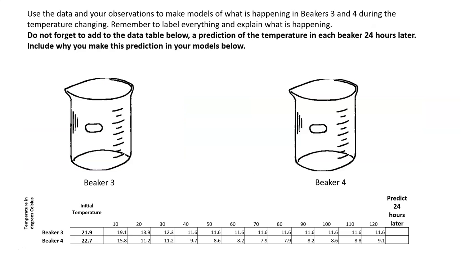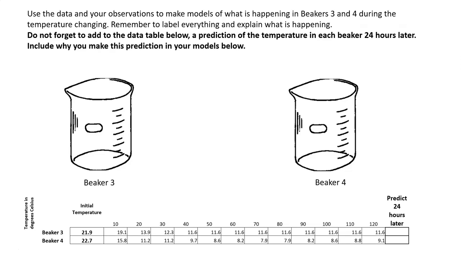Here you will see what your handout is. It's a handout to develop a model. You're going to make two models: one to describe what's going on in beaker 3, and one for beaker 4. Use the data that you have below and the observations that we have of what's been going on in beakers 3 and 4 during that temperature change.